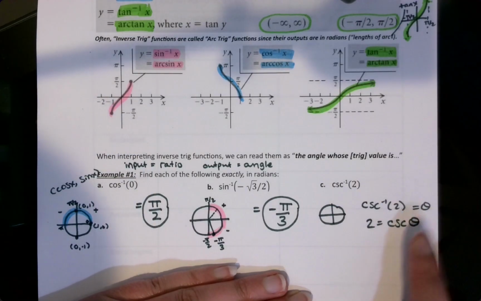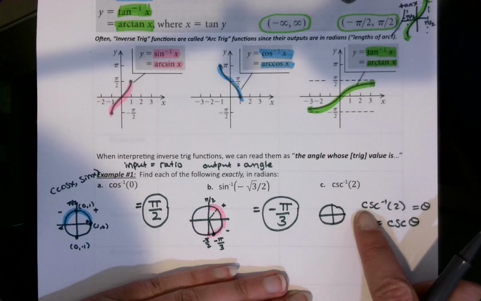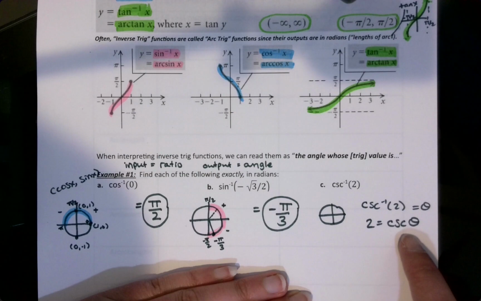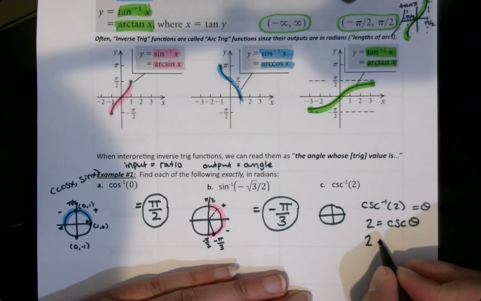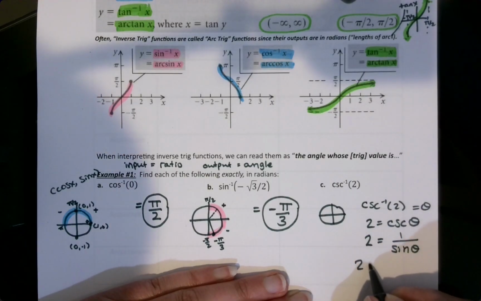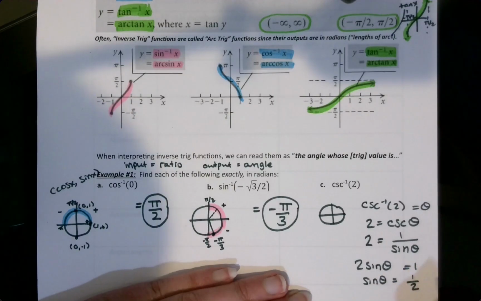So if we apply the function to both sides, cosecant of arc cosecant is going to be just 2, and I have cosecant of the angle. What I'm trying to do is use a reciprocal identity to write this in terms of sine. So this is going to be 1 over sine of theta. Multiply the sine over: 2 sine of theta is going to be equal to 1, and if I divide off the 2, sine of theta is going to be 1/2.